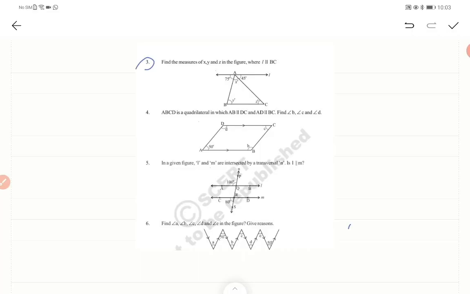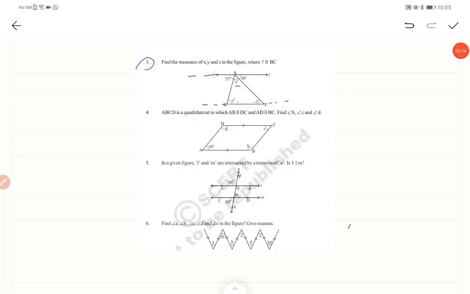They've given you again the diagram. Find the measures of x, y and z, all the angles forming inside. So we need to find all these angles in the figure, where L is parallel to BC. This means you have two parallel lines. This is L. What is your transversal here?